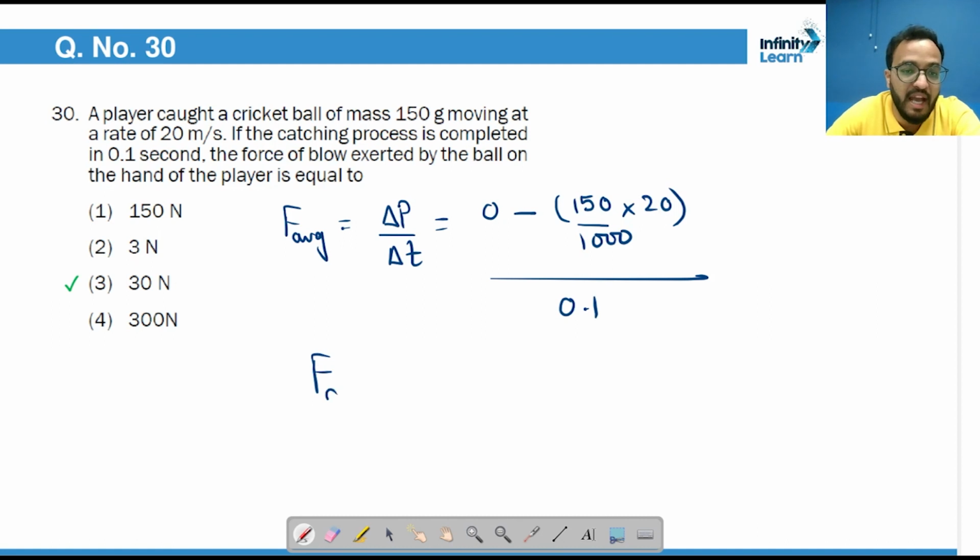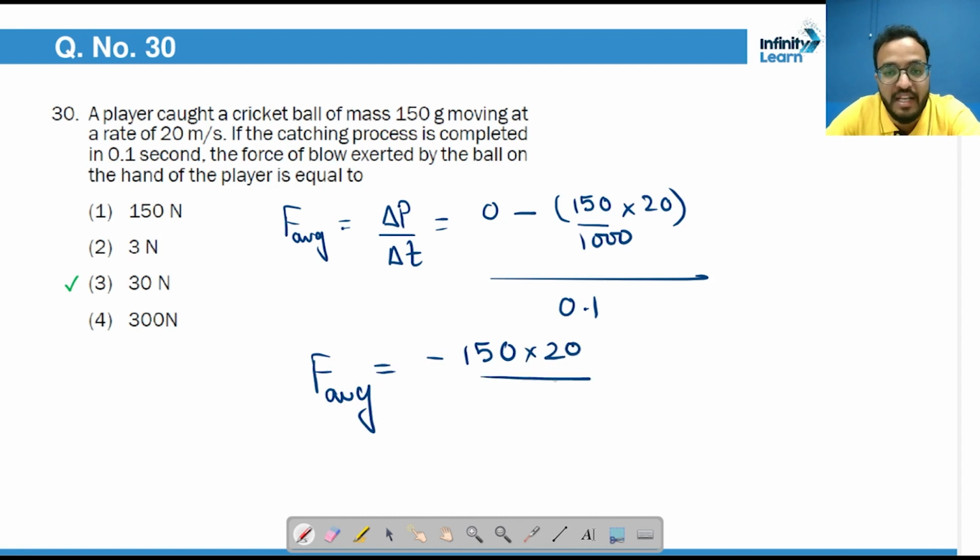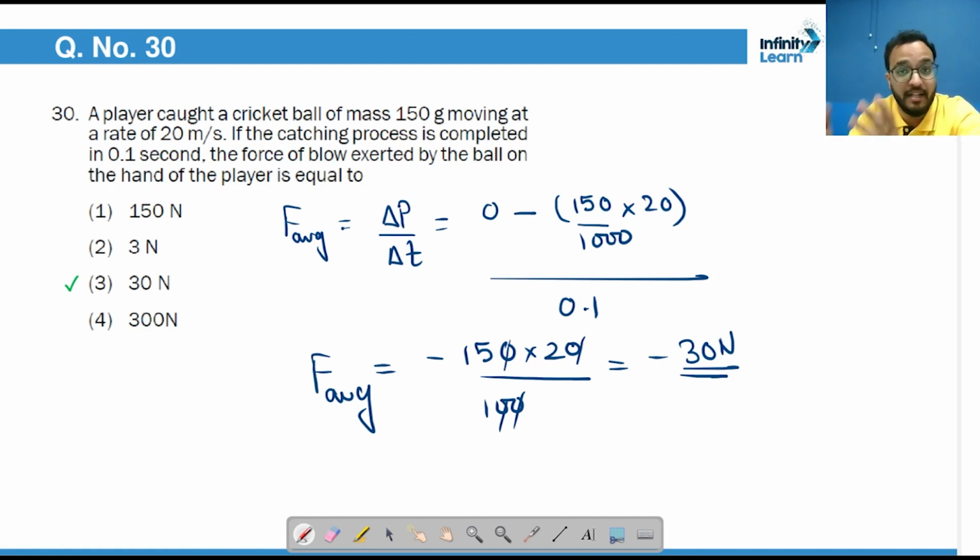So the average force will become minus 150 into 20 upon 1000 into 0.1, that is 100. So this all gets cancelled and the answer will become minus 30 Newton. Do you understand? Yes or no? Yes, perfectly yes. Write in the chat box also.